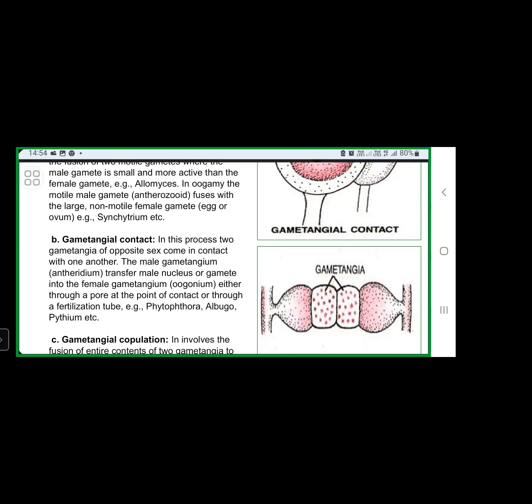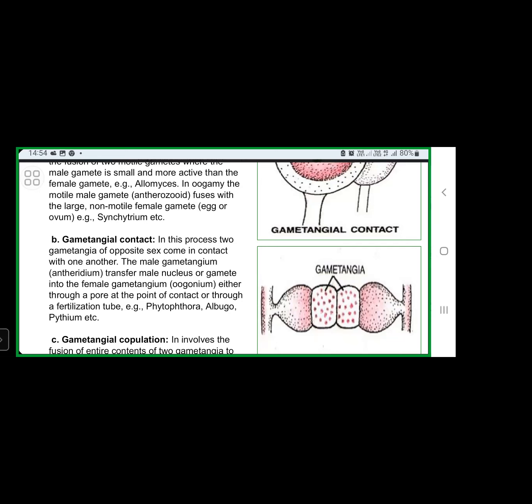Just two gametangia, the male gametangium, which is called antheridium, and the female gametangium, which is called oogonium, come close to each other. At one point, they will contact each other. Where they are in contact, their common walls are dissolved.